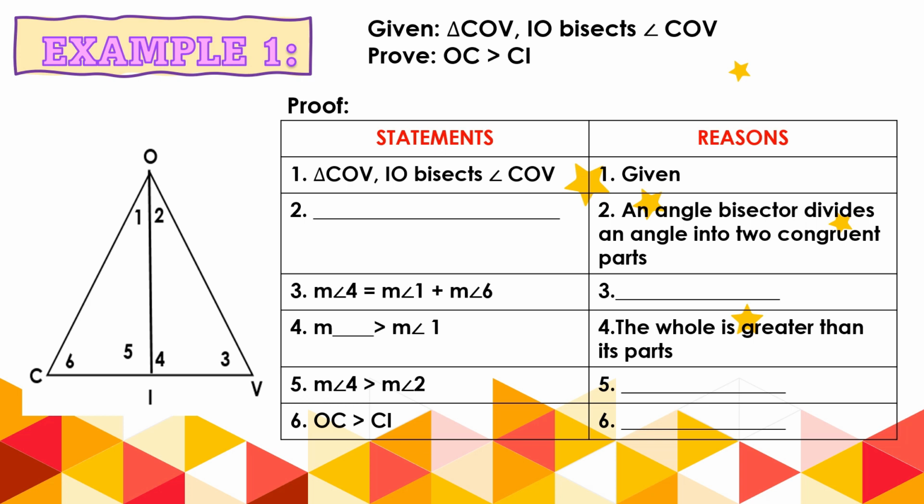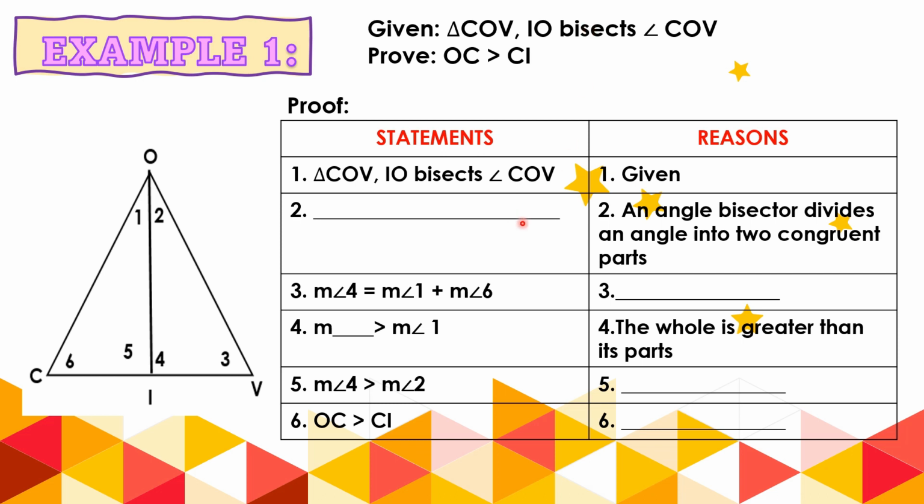Again, as you remember in our last discussion about the two-column proof, our first statement will be coming from the given information. So, for statement number 1, triangle COV, IO bisects angle COV. So, what will be our reason number 1? This is given. Again, because it is coming from the given information.